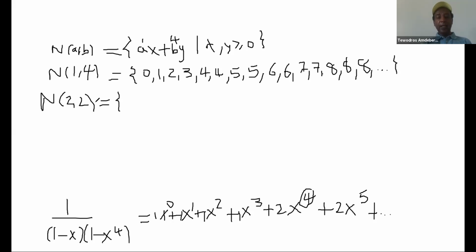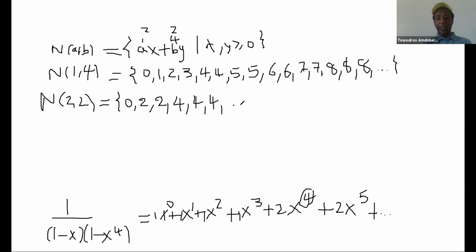Okay. Now, n22, for instance, if I choose this to be 2, then you can get 0, but you will never get odd numbers. So you'll have 2 2s. Then you get 3 4s. And you get 4 5.